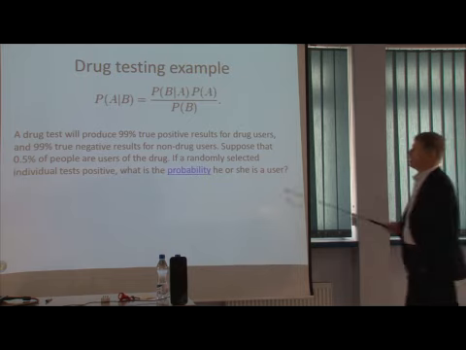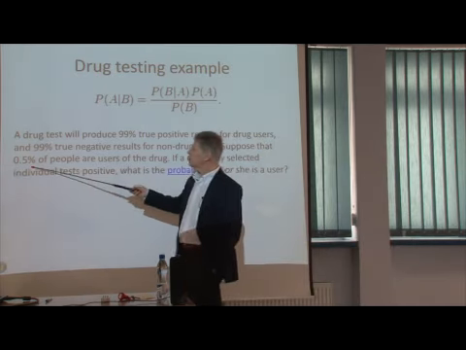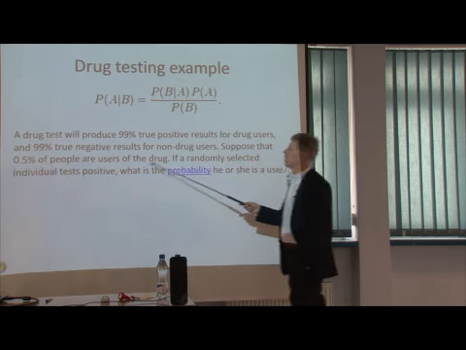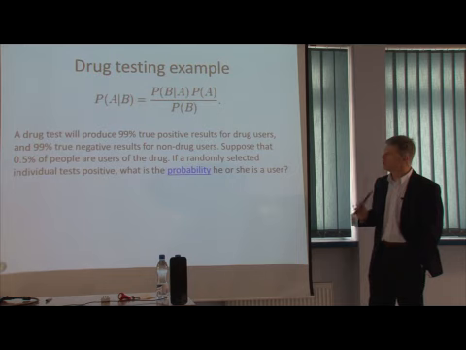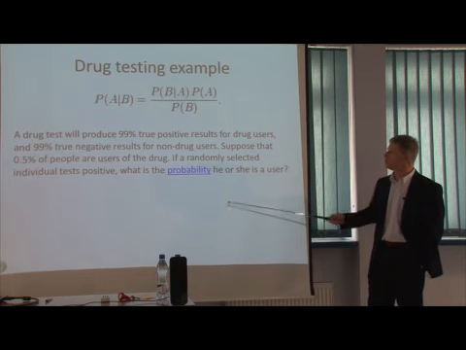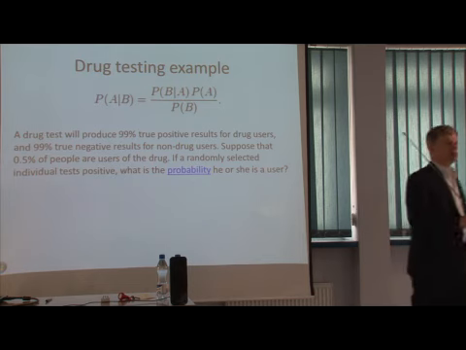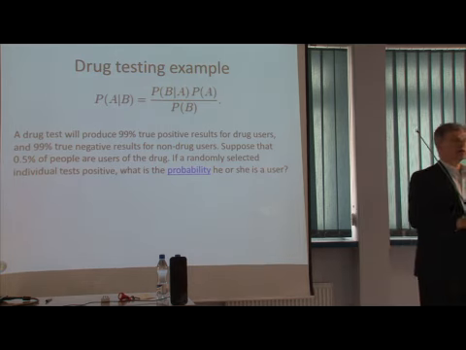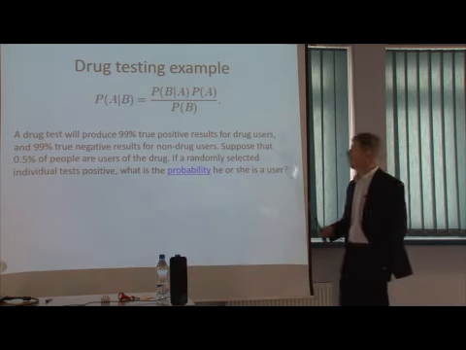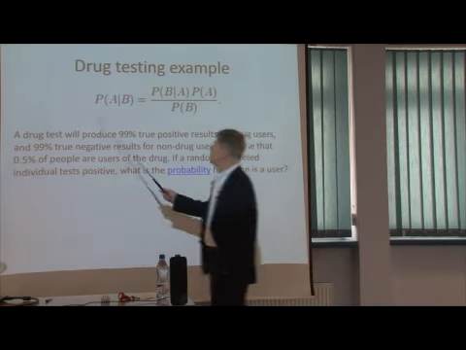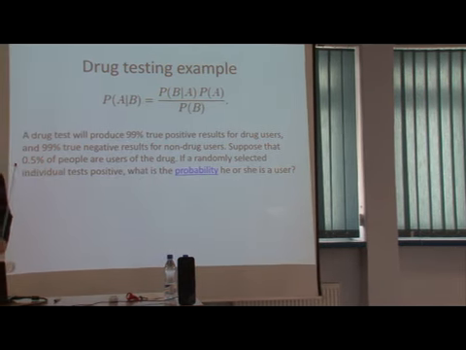Now let's assume that only 0.5% of population are users of the drug. So now we take a randomly selected person and we ask the question, what is the probability that this person is a drug user? Is it 99% or less or more? All right, so we're going to apply Bayes' theorem to answer this question.